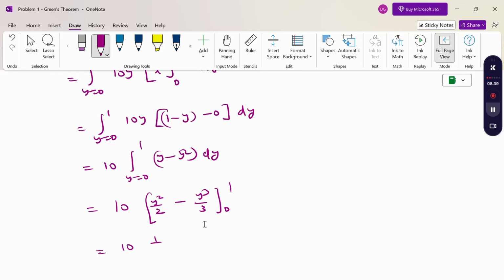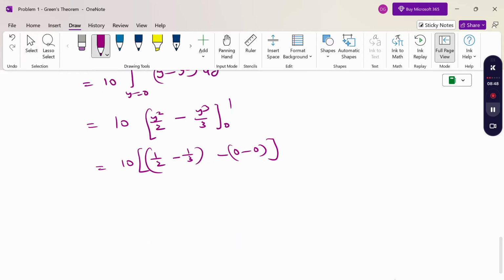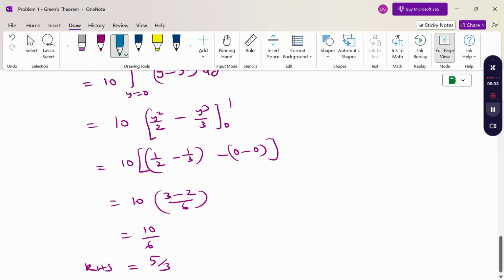Now 1 by 2 minus 1 by 3, upper limit minus 0 lower limit. Taking the LCM, cross multiplication, 3 minus 2 by 6, 1 by 6, 10 by 6. Cancelling by 2, 5 by 3. So this is our right hand side value, 5 by 3.